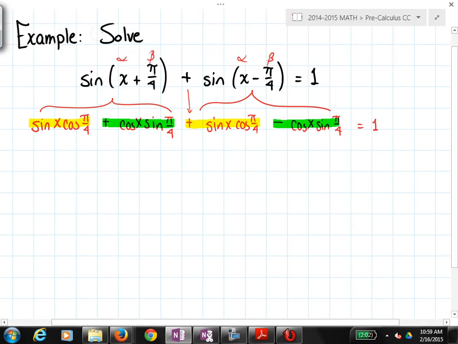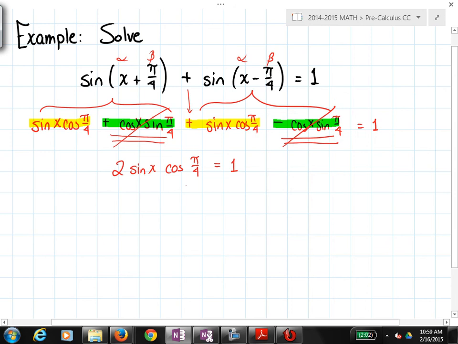Yeah, this last one right here, cosine of x sine of pi over 4, is going to cancel out with this minus one. So I'm just going to eliminate these two right here. And I'm going to be left with 2 sine of x cosine of pi over 4 is equivalent to 1.